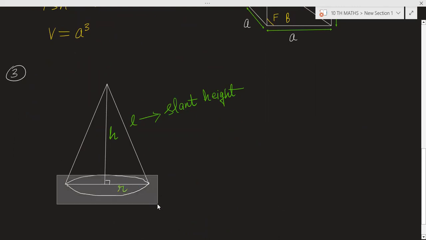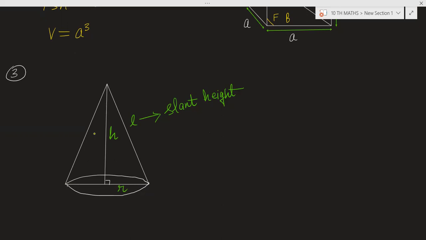Okay, this area we will not include. This area will be the circular area. So we will remove pi r square, and the other area will be the lateral surface area. So lateral surface area of the cone is equal to pi into r into L.